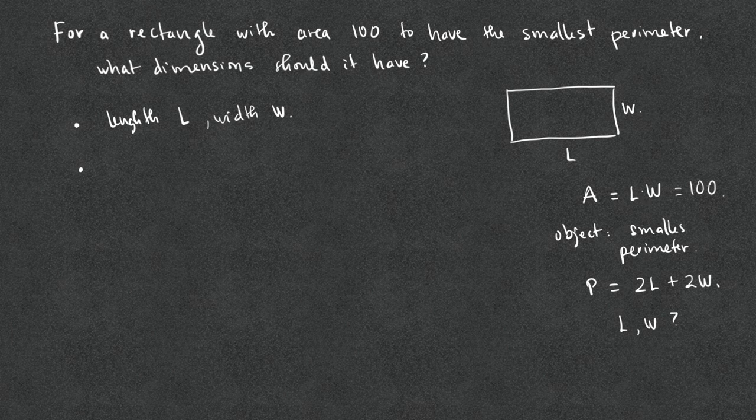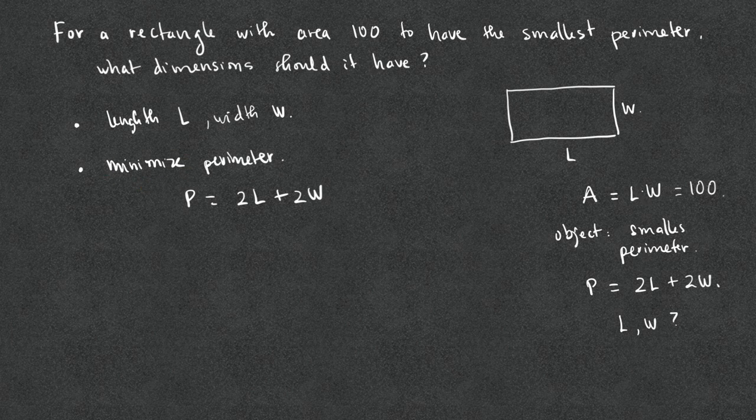In this case, the quantity that we try to optimize is the perimeter. In fact, we want to minimize the perimeter. The equation for the perimeter is P equals 2L plus 2W. The smallest perimeter is the problem of minimizing a quantity.